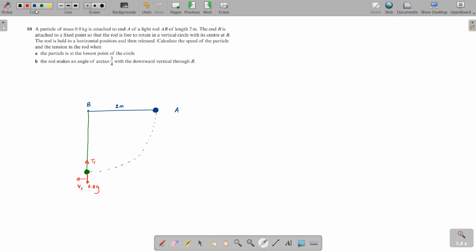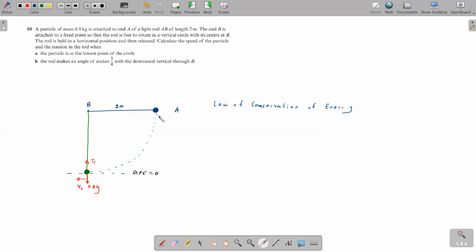All right, so we can first apply conservation of energy. I will consider the downward position as the GP 0 level. The rod is held in a horizontal position and then released, so I was just checking whether they have an initial speed.